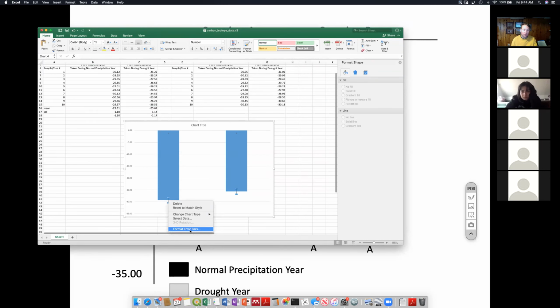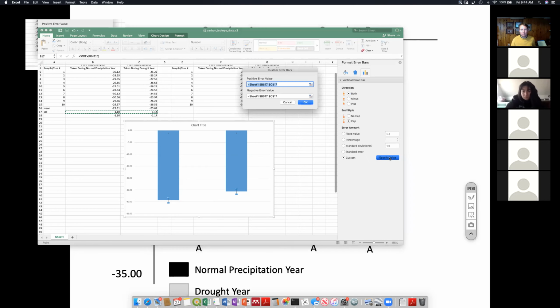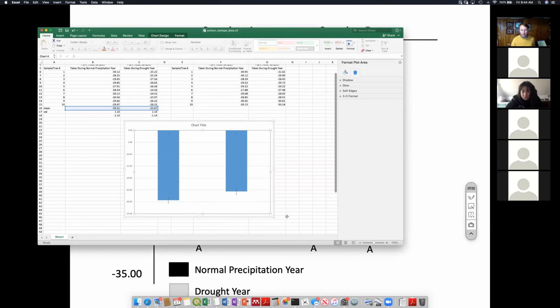It's probably different whether you're on a Mac or a PC and what year of Excel you have. But what I did is custom, specify value, and for positive error value and for negative error value, I used the same thing. I just used the standard deviation. And then it's giving me bars both ways.